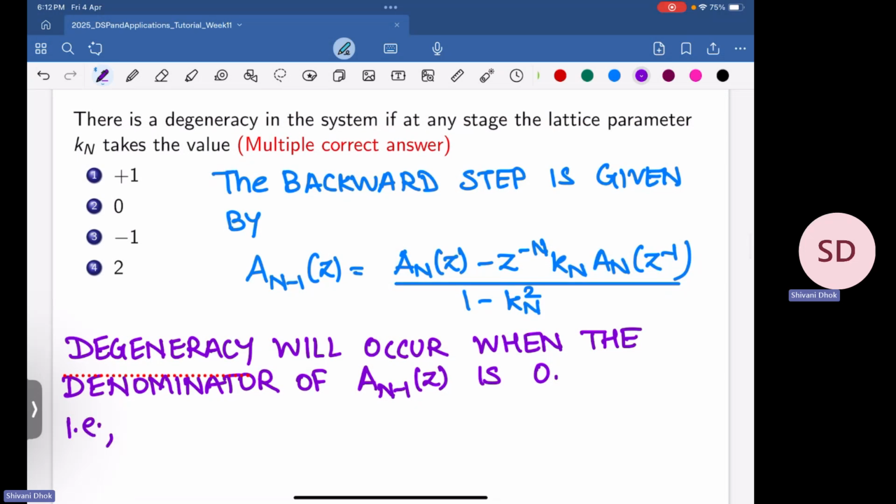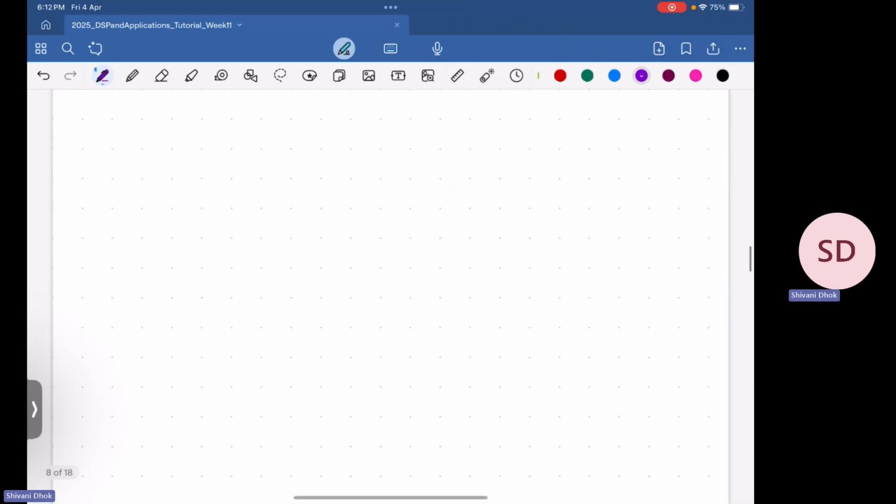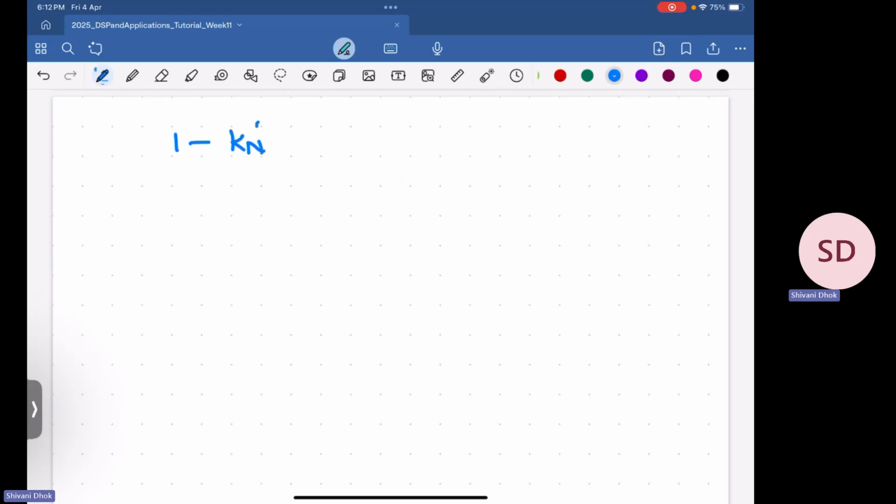That is, 1 minus k_n squared is equal to 0. So what do we have? We have 1 minus k_n squared equal to 0, which means that k_n squared is equal to 1.